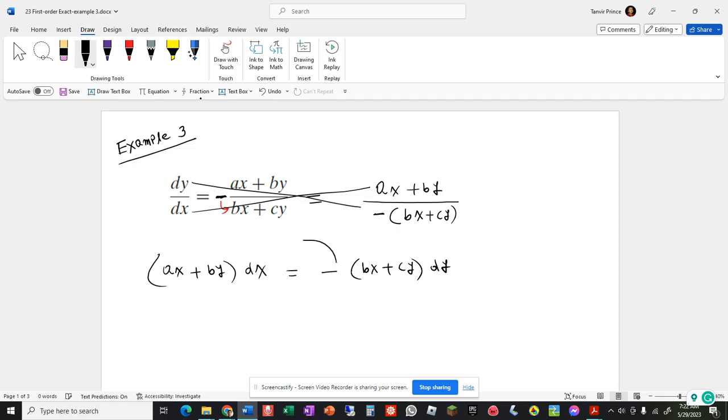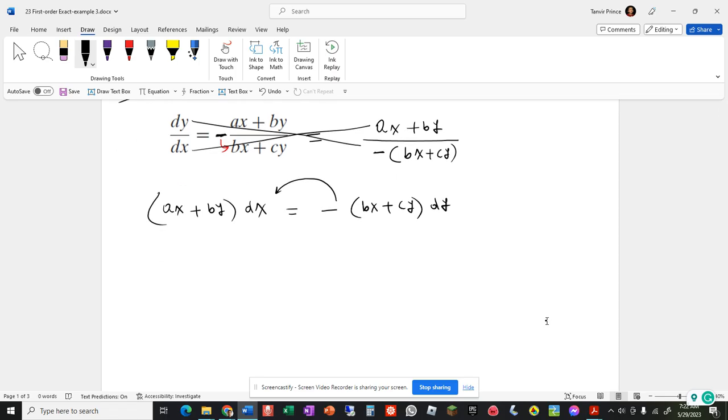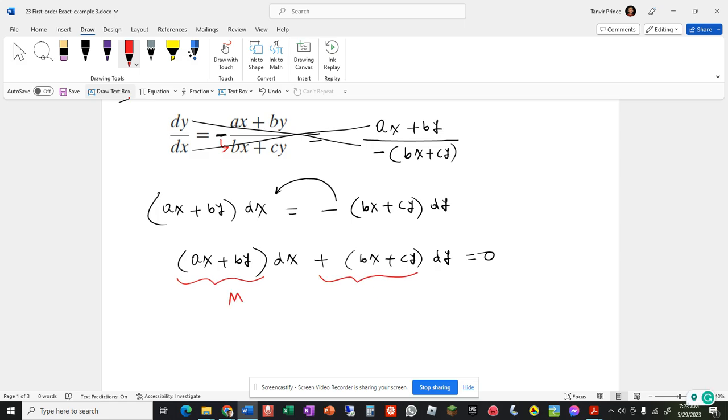And let's move everything to one side. So now you can identify the M and the N. So that's the M and that's the N. Always make sure the sign on the left is included.